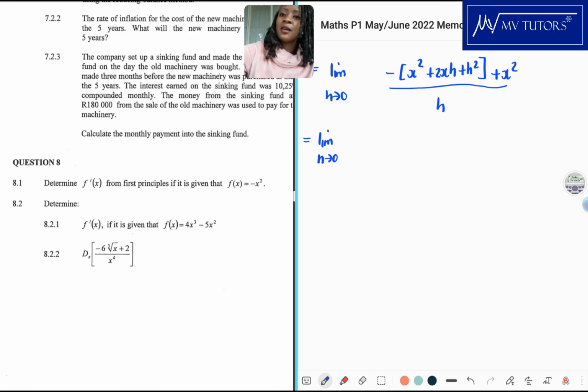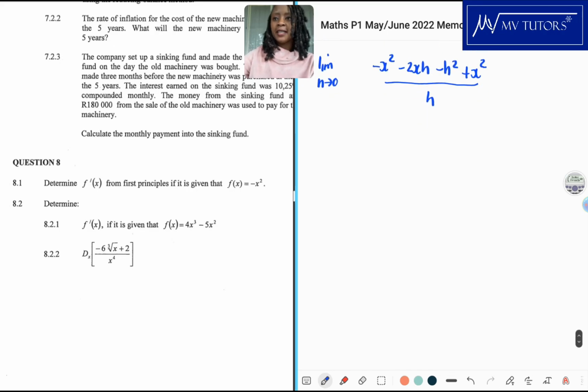So we're going to just take out those brackets. I have negative x squared, negative 2xh, negative h squared, plus x squared over h, and then we're still keeping this limit. If at any point you leave it out, you lose marks.